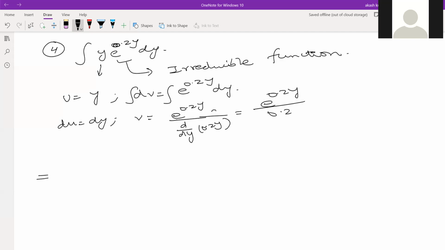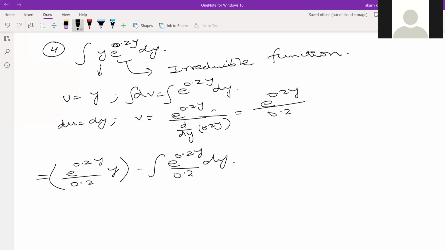It becomes v, which is e raised to the power 0.2y divided by 0.2, times u, which is y, minus the integral of v, which is e raised to the power 0.2y over 0.2, and du, which is dy. Is it clear? Yes, kind of clear. Okay.